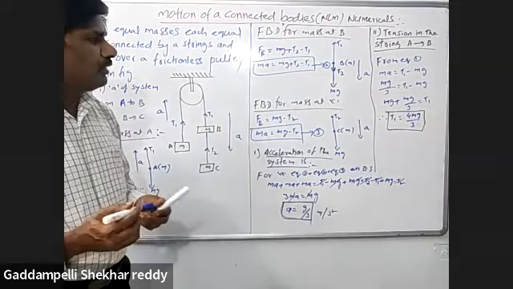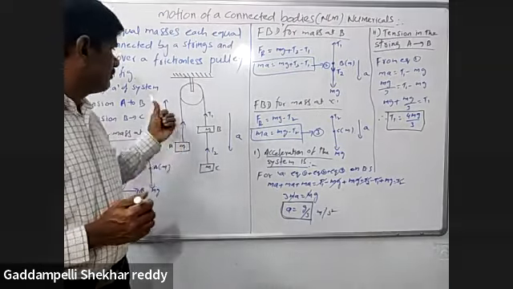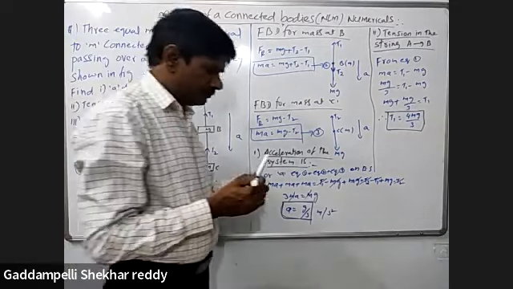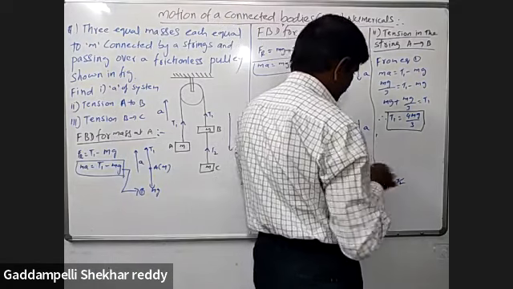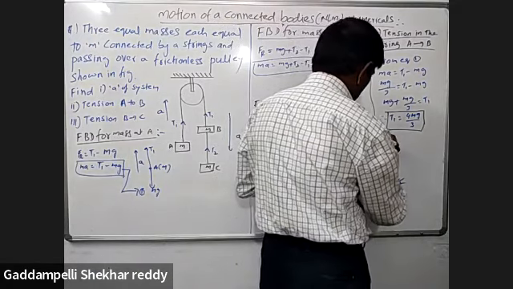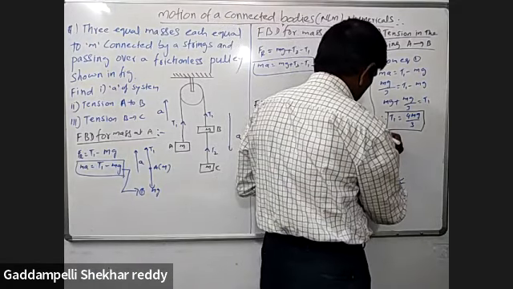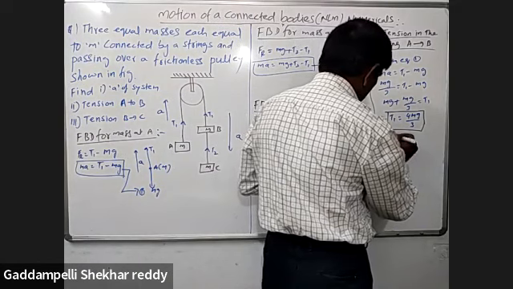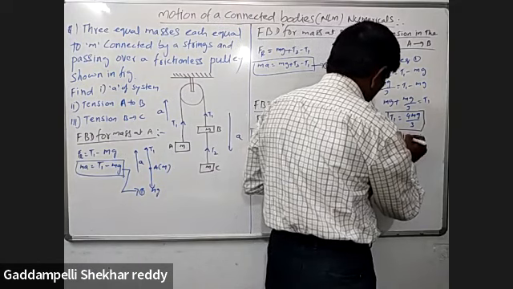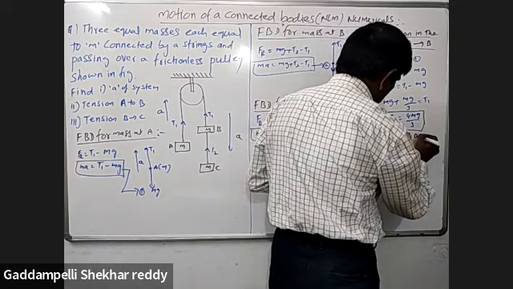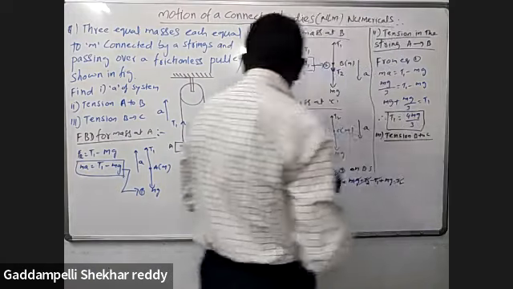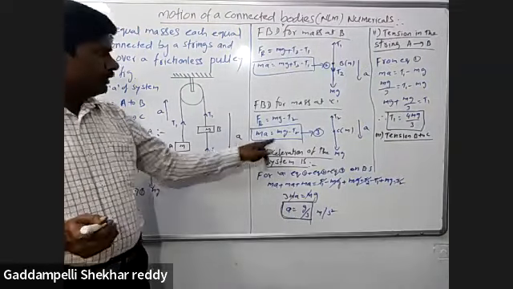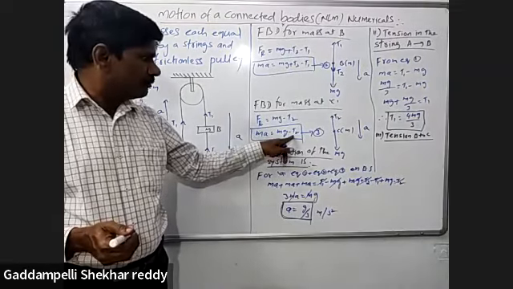So next, another one: tension B to C. In the third equation, directly MA is equal to mg minus T2.